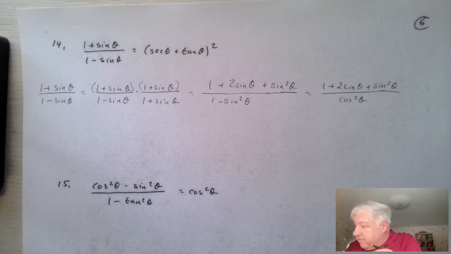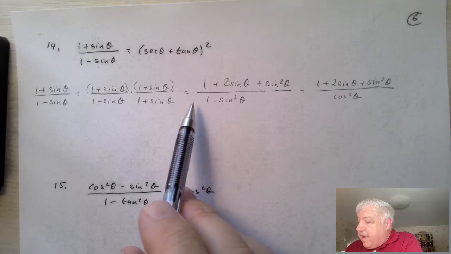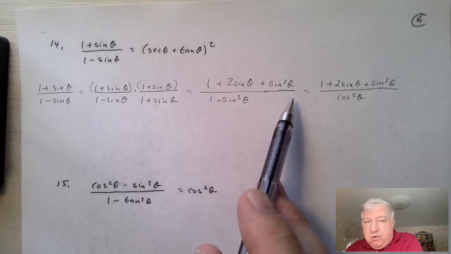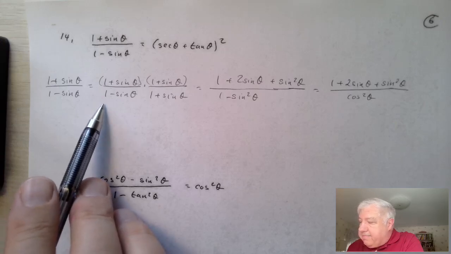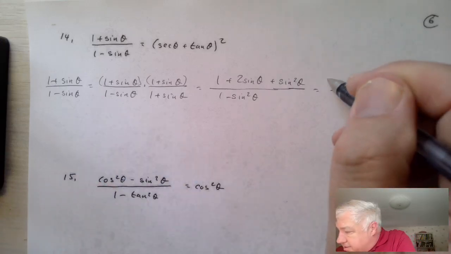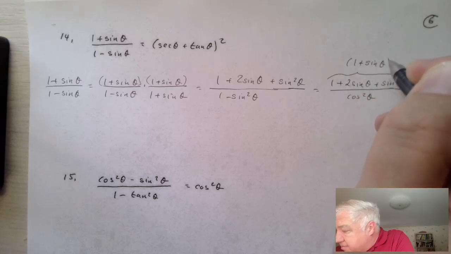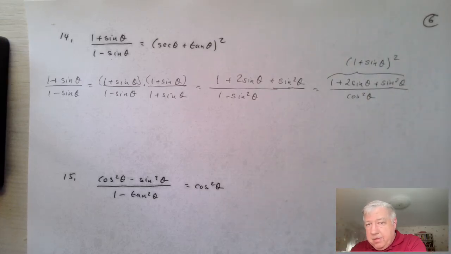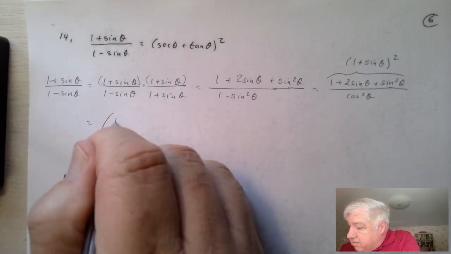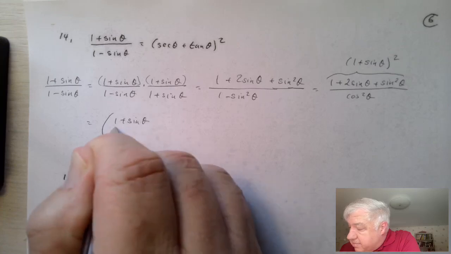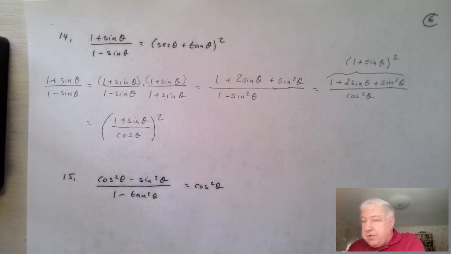And in fact, we didn't really have to multiply this out, because we can keep the numerator as 1 plus sine theta, quantity squared, right? So this is really going to be the square of 1 plus sine theta over cosine theta, quantity squared.